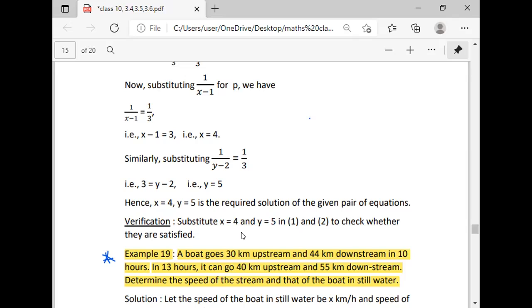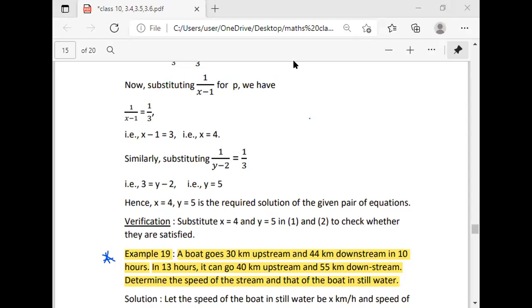And what is downstream? Downstream means the boat moves in the direction of the water. So clearly, the speed of a boat upstream will be less than the speed of that boat downstream. You know why?